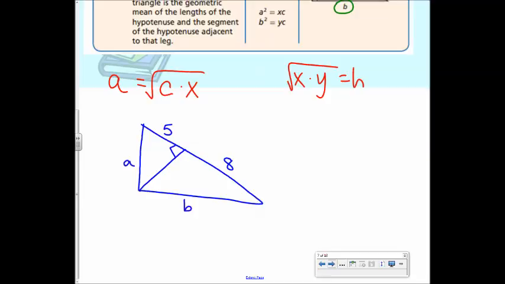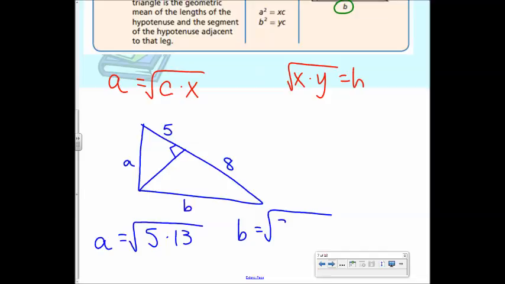Good. Where did Jennifer get the 13 from? Added them together because it's the length of this one times the length of the whole thing. But B would be equal to the square root of what? 8 times 13. Because 8 is the one that's next to B.